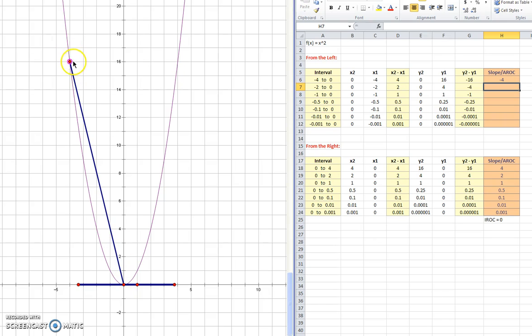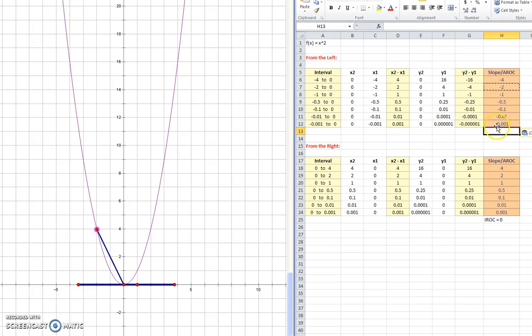All right, what's this slope then? This guy right here. Oh, that's a -2. So -4 divided by 2 is going to give you a -2. That's a slope from -2 to 0. So again, I'm going to copy and paste. All right.